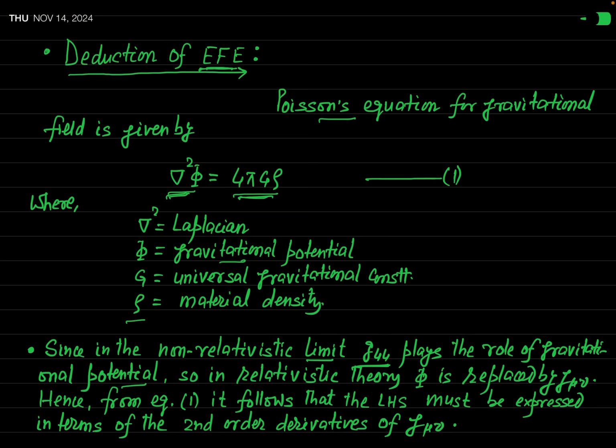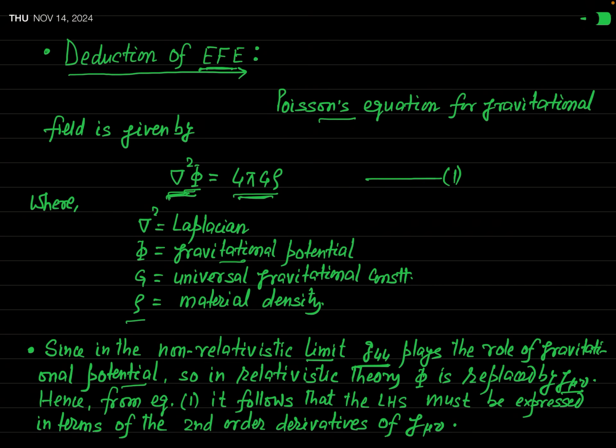It means phi is equivalent to the fundamental tensor. So if your aim is to transform this classical law into a relativistic law, you must replace the gravitational potential phi by the fundamental tensor G mu nu, because G mu nu becomes phi when we impose the non-relativistic condition on it.